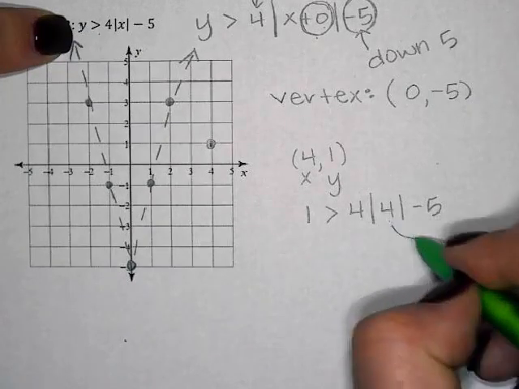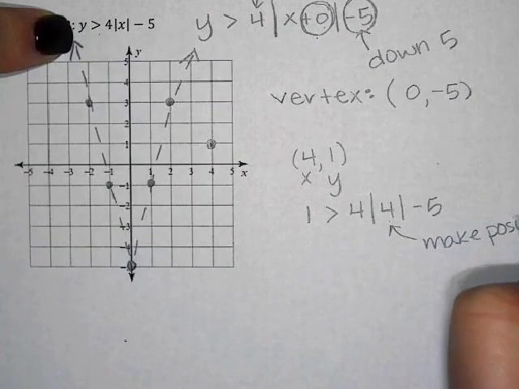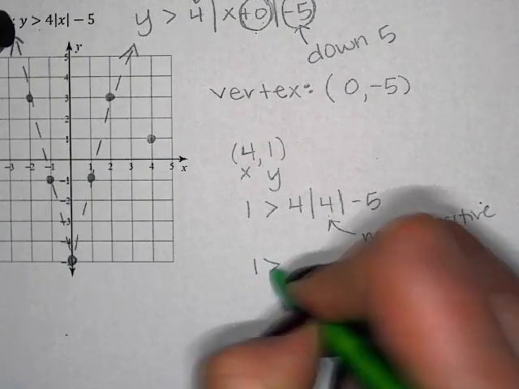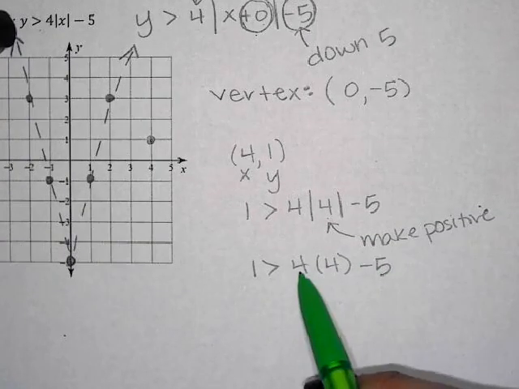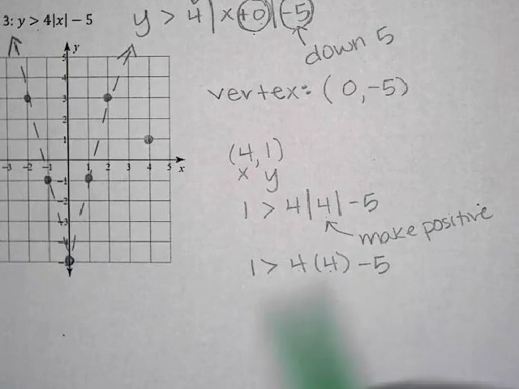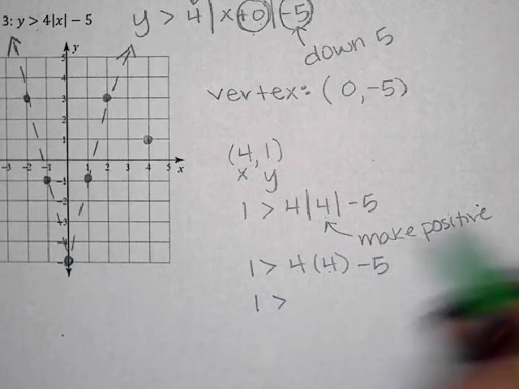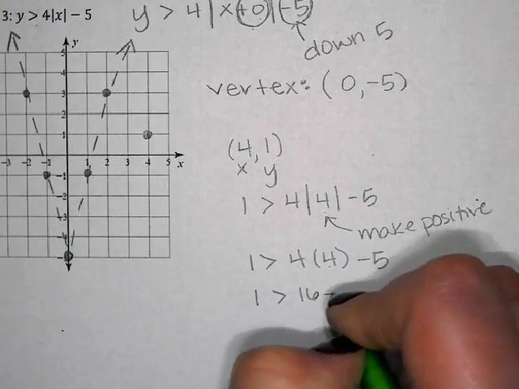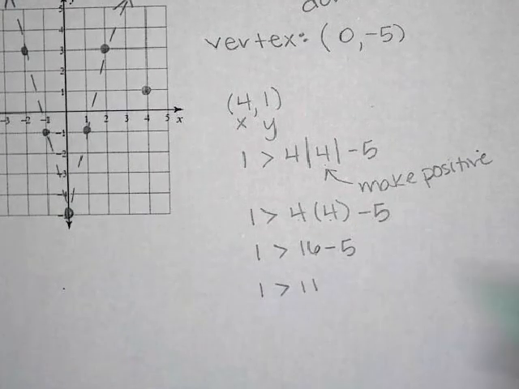Now, positive 4 is already positive, so I'm just going to leave that as positive 4. So now we have 4 and positive 4, they're right next to each other. That means that they're being multiplied. So 4 times positive 4 is what? 16. 16 minus 5 is 11. Is it true that 1 is bigger than 11? No, that is false.